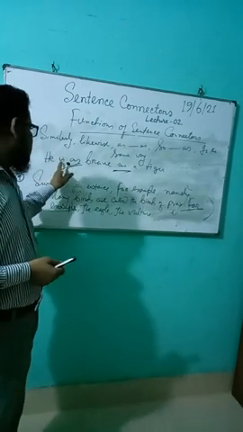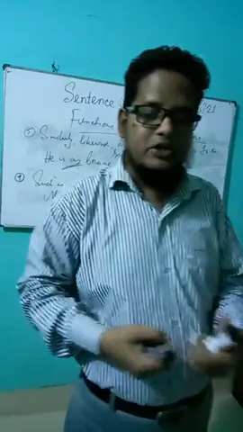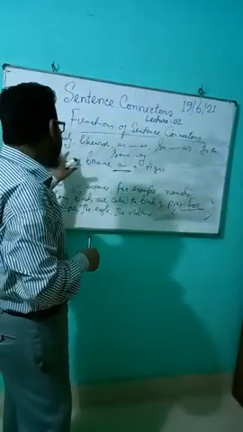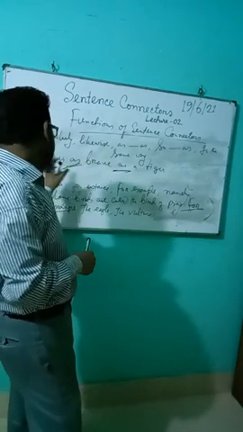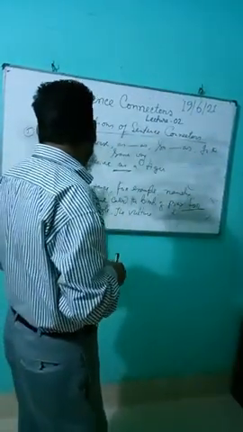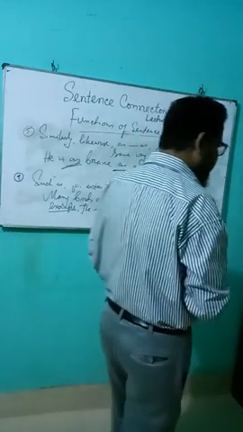We use here, he is as brave as a tiger. The sentence shows a comparison between he and the tiger. So to show any comparison, we have to use some connectors.